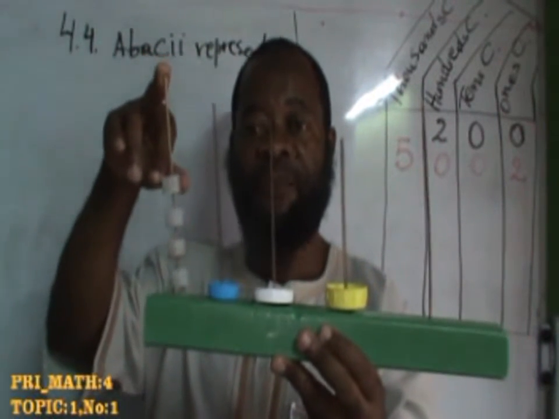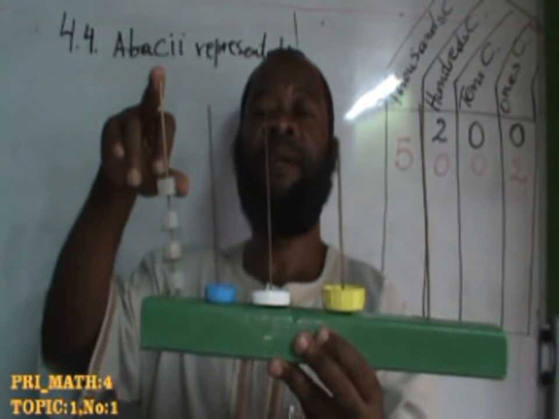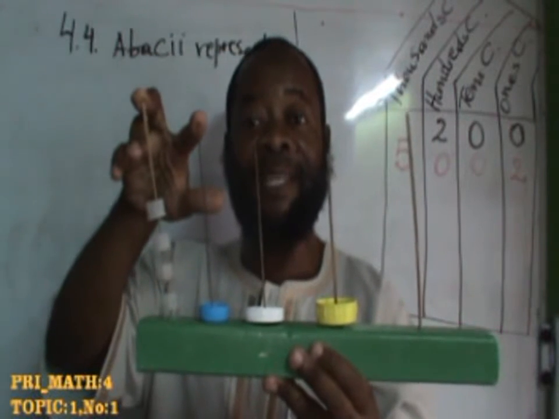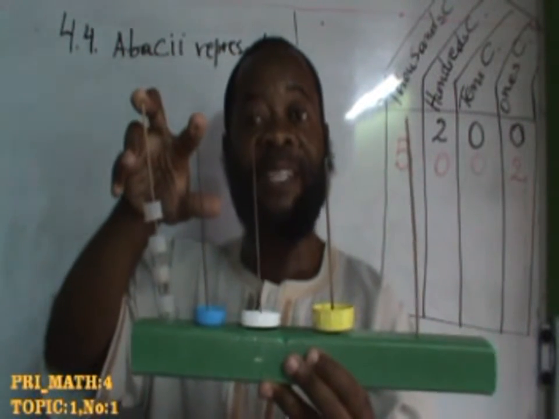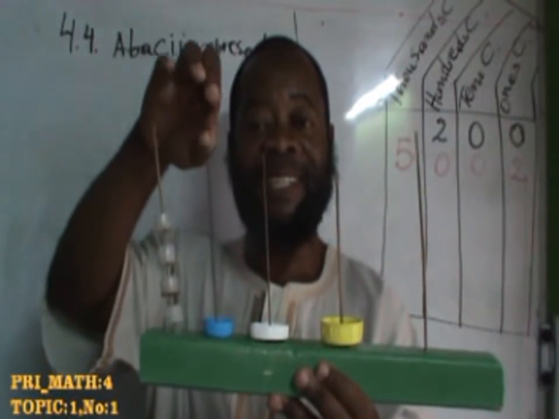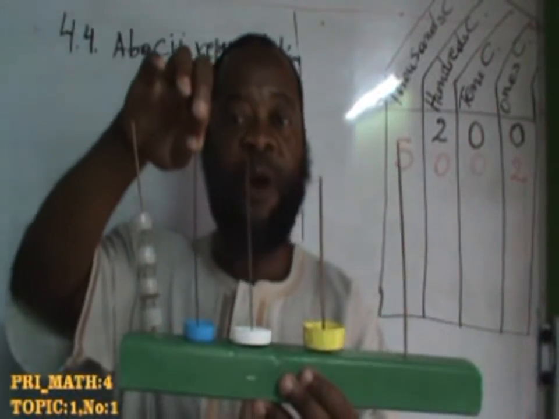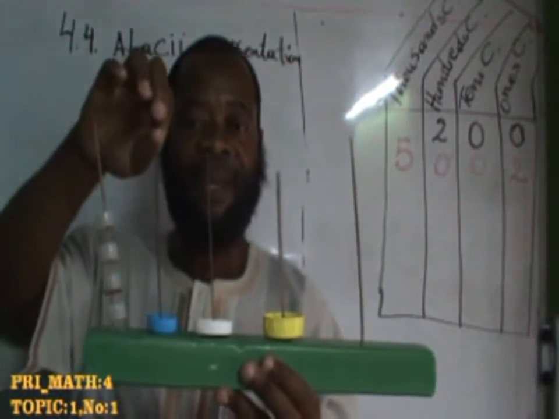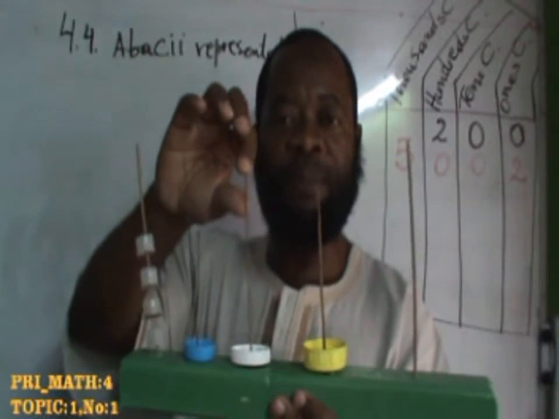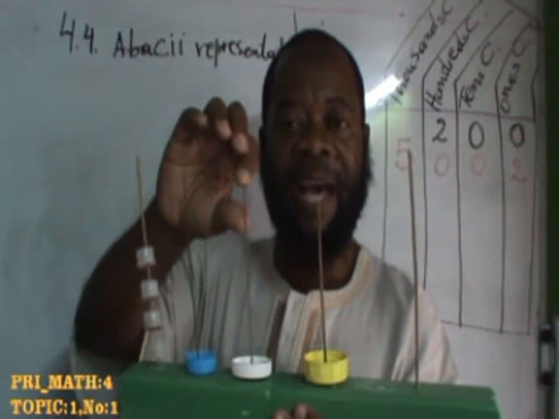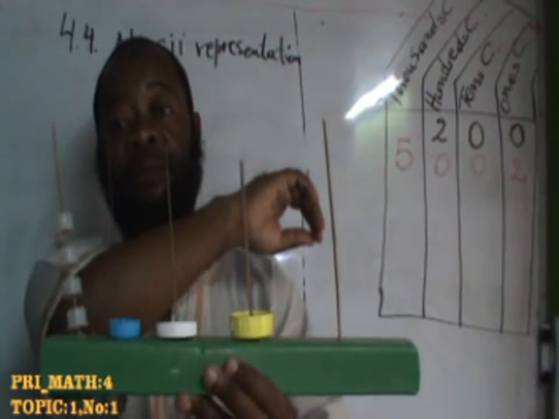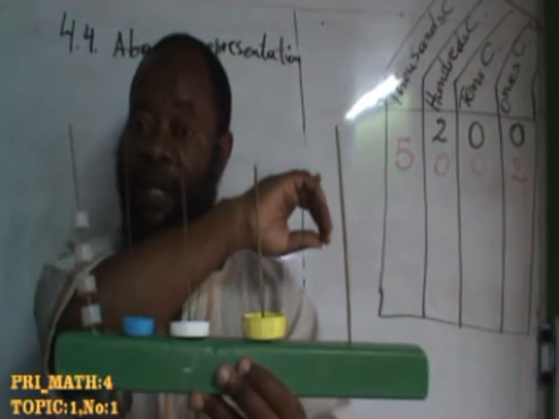This X will be for ones. And the next X is for tens column. So this second X will be for tens. Also the next X will be for hundreds, as shown in tray representation.